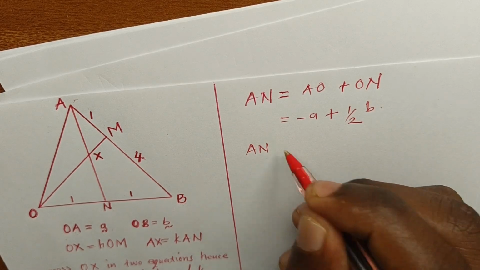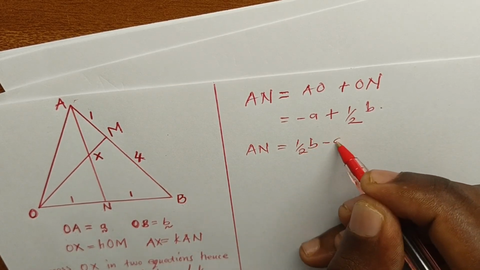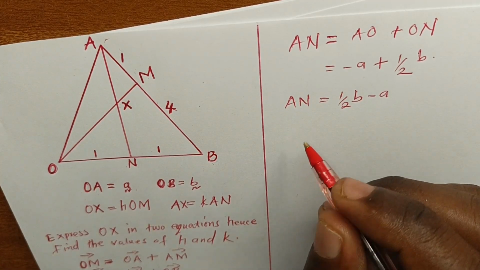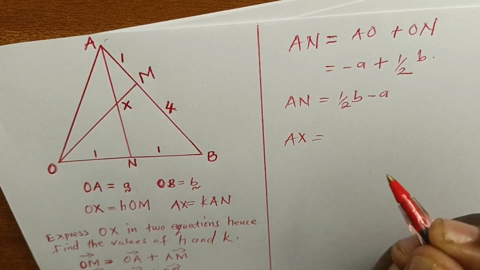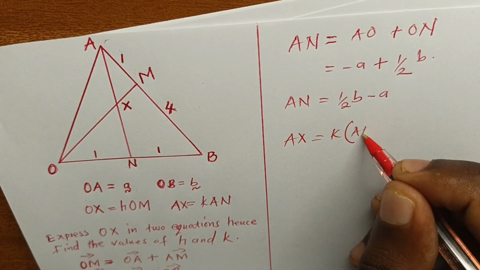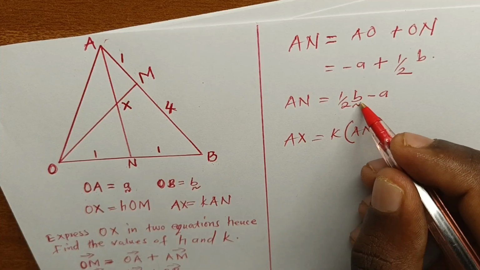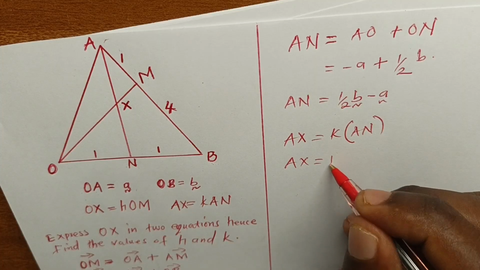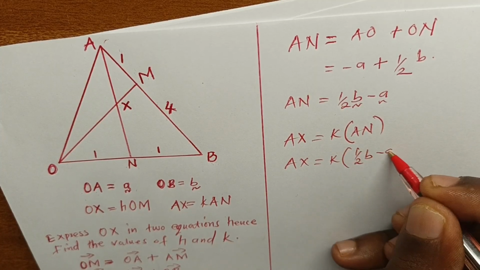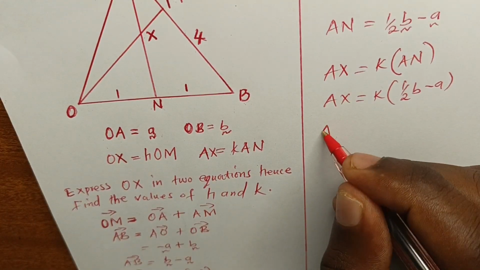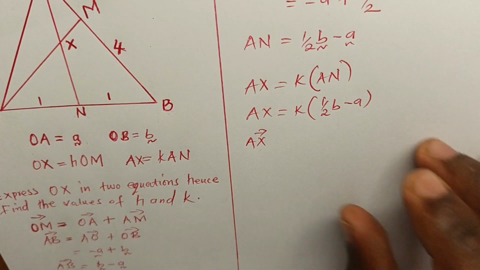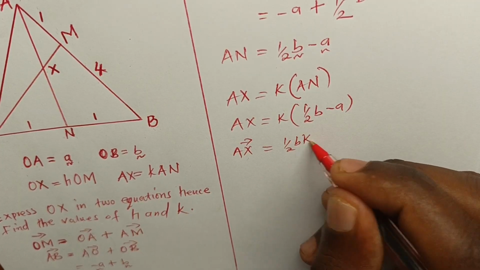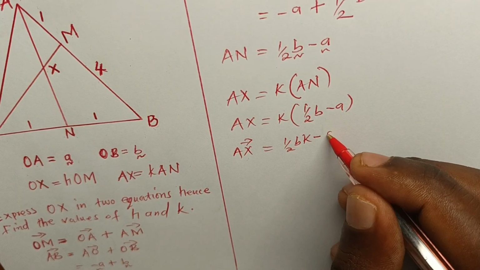Now our AN is equal to a half b minus a. Now what is my AX? My AX is equal to kAN, and my AN is half b minus a, so AX will be equal to k(a half b minus a). Now vector AX will be equal to a half bk minus ak.